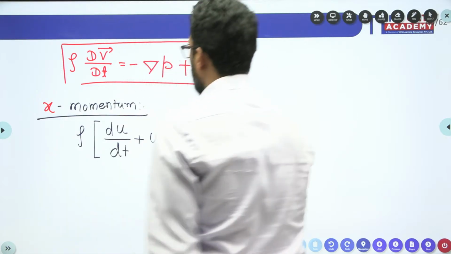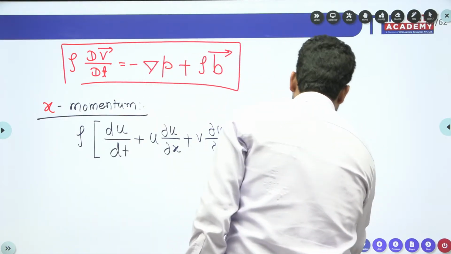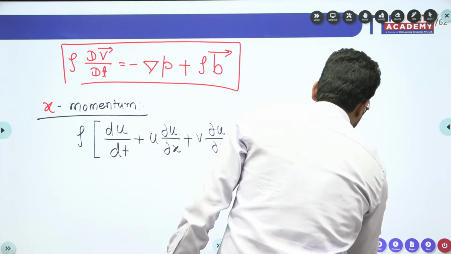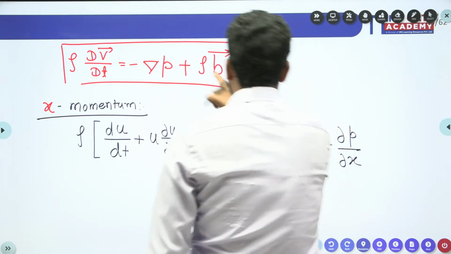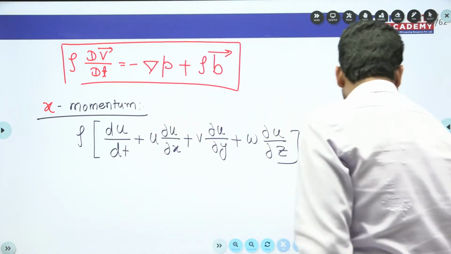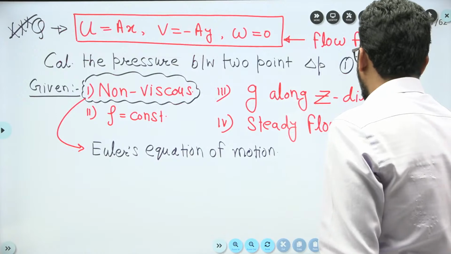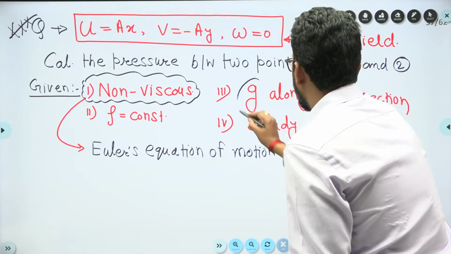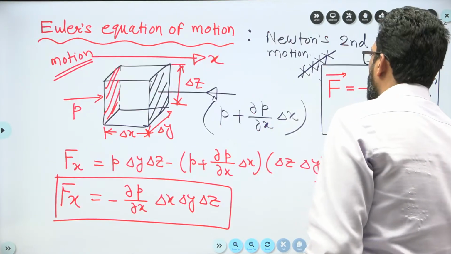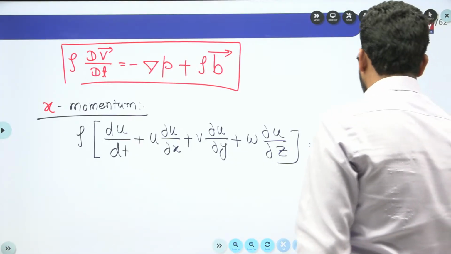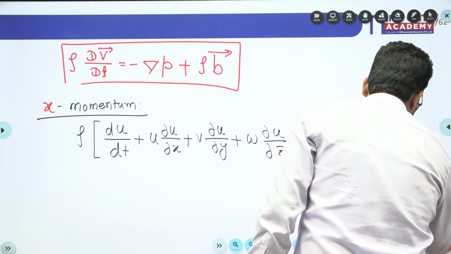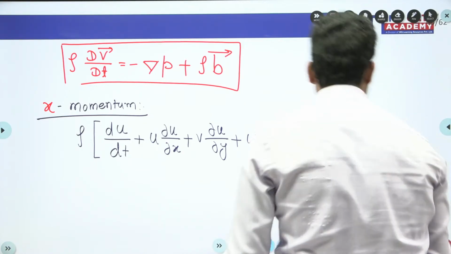This is the acceleration, is equal to, what is the x direction? Minus dou p by dou x. This is x direction, plus body force in the x direction is 0. Why? Because in the question it is given that g is along the z direction. So this is cancelled out. If you write, then you write rho bx, no problem. Body force in x direction.